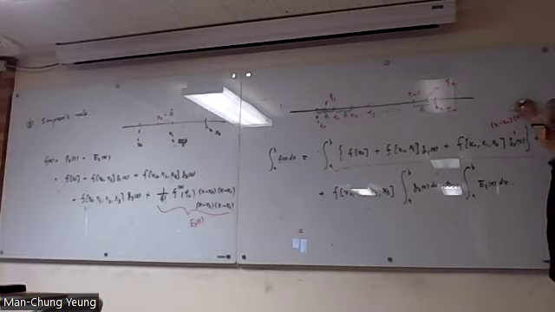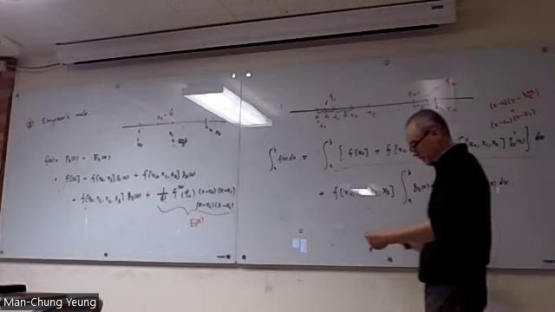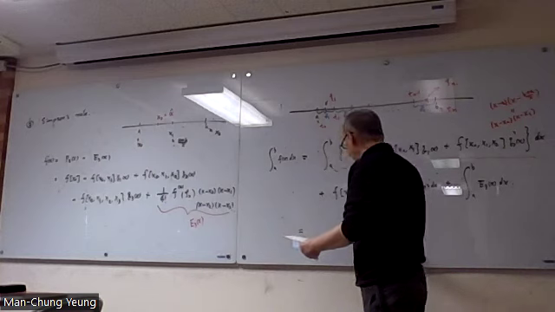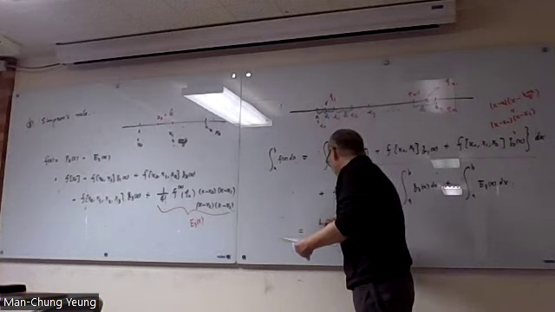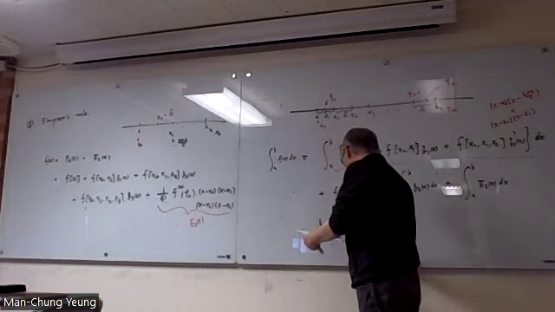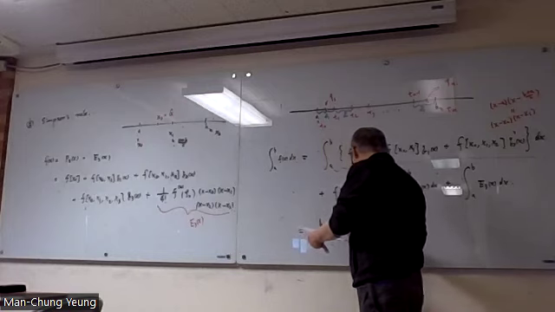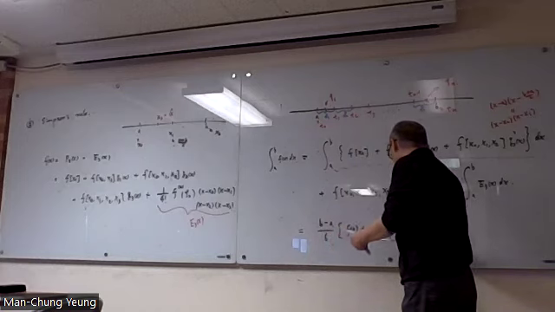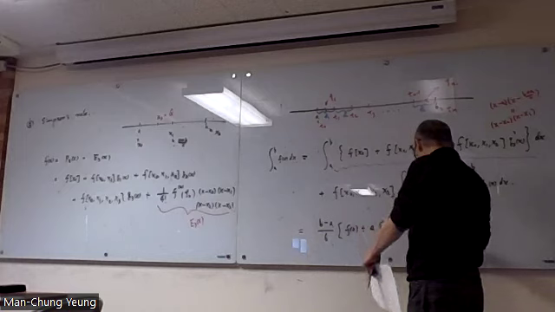So this is x minus a, x minus b. This integral is computable. It is b minus a over 6 times f at a plus 4 f at the midpoint, then f at b.